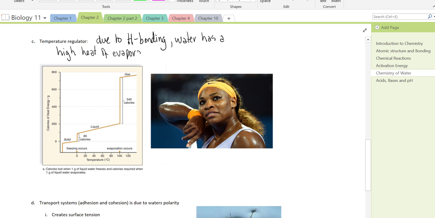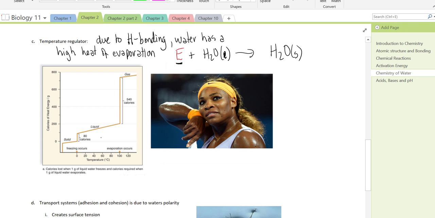We talked about this in class, and I could even write the reaction down again. Remember we said that energy has to be added to water. So if we have water in a liquid form, that's an L for liquid, and we want to evaporate it, we have to add energy to turn it into a gas.